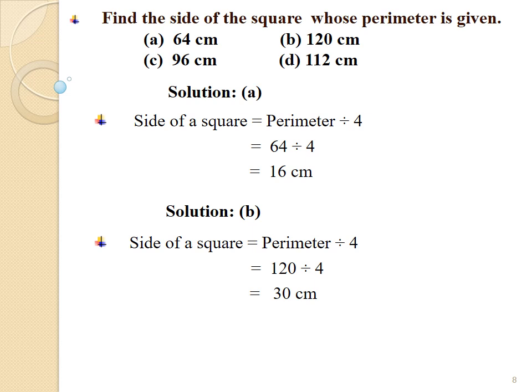Now, sum B. Perimeter of a square is given 120 centimeters. Thus, side of a square equals to perimeter divided by 4 equals to 120 divided by 4 equals to 30 centimeters. Thus, side of a square is 30 centimeters.